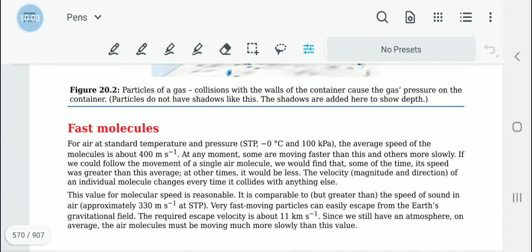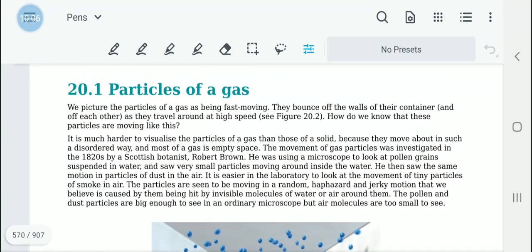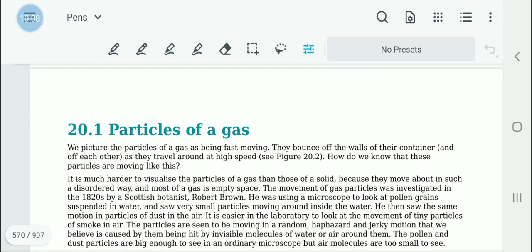Let's write a note and then go to the next lesson. Write down: particles of a gas.